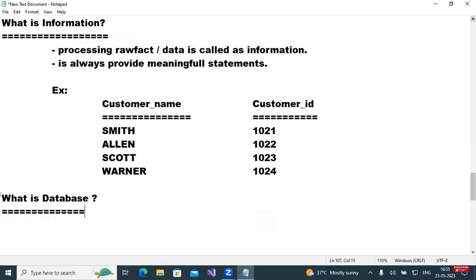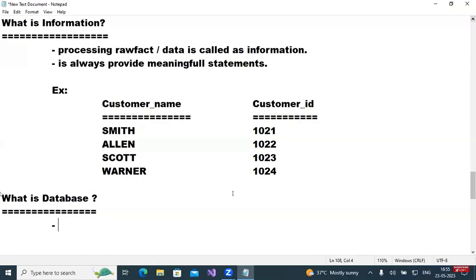How can you define a database? A database is a collection of interrelated information of a particular business, a particular organization, a particular company. That is what we call a database.